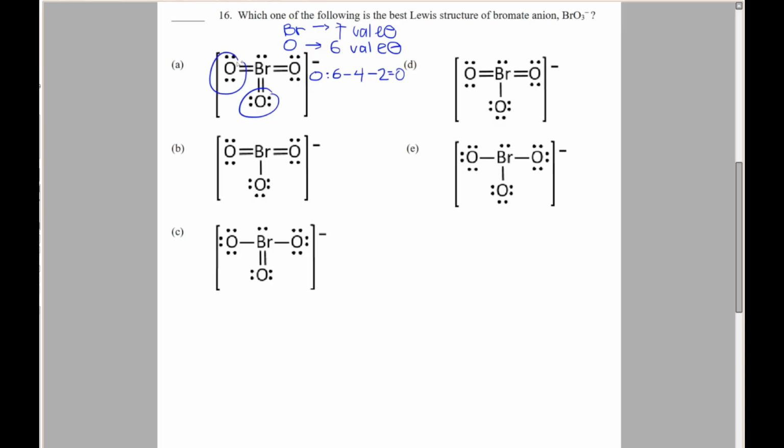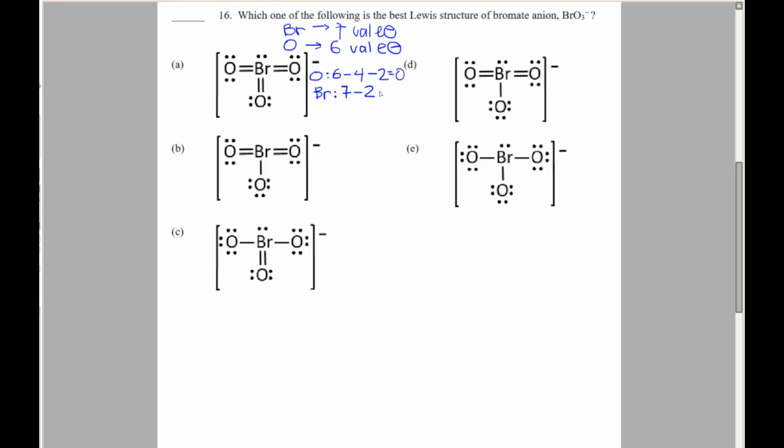So all of these oxygens are going to be neutral, so they're not going to have any formal charge. And in this case, we have to also look at the bromine to see if it matches this -1 charge overall. So bromine has 7 valence electrons. It has 1 lone pair, so that's 2 non-bonding electrons, and it has 2, 4, 6 bonds.